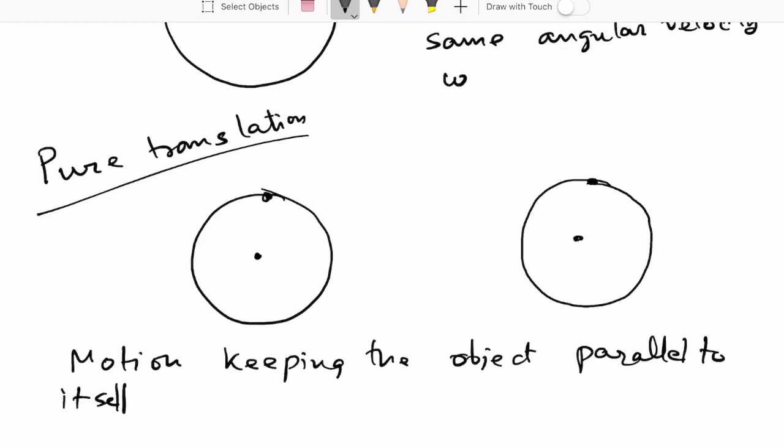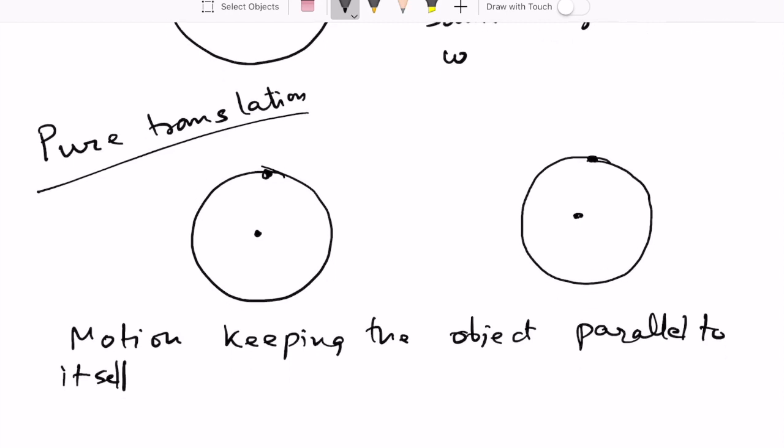So if the velocity of the center of mass, if we call that VCM, and you want to keep the object exactly the same orientation as it was, then every point must have exactly the same velocity, VCM.